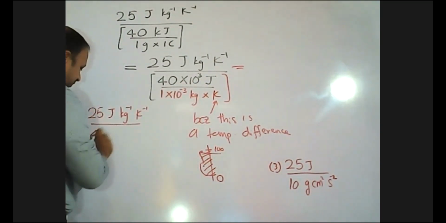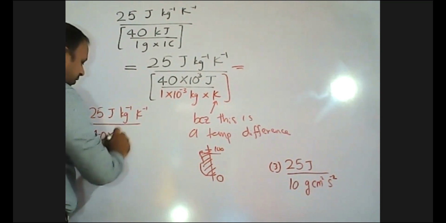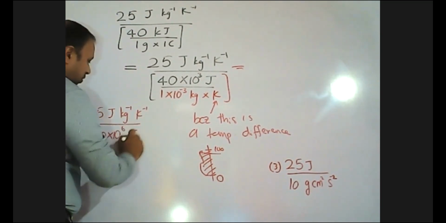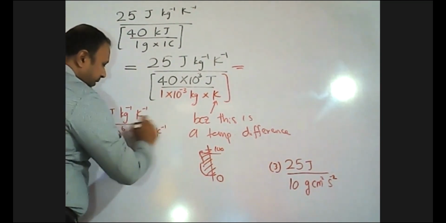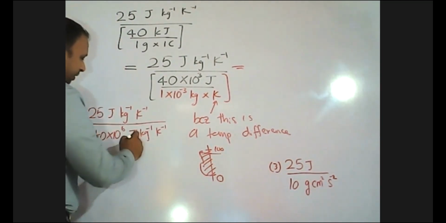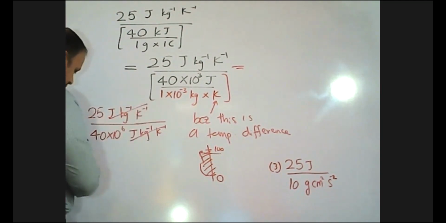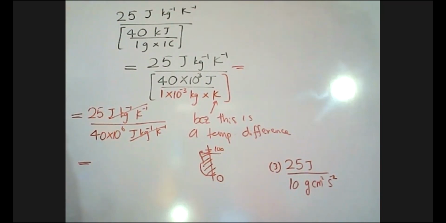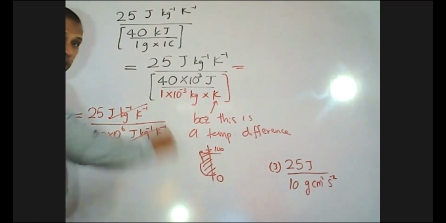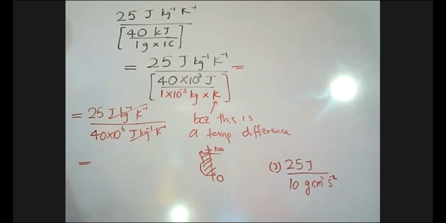So it becomes 40 into 10 to the power 6 joule per kilogram per Kelvin. So joule per kilogram per Kelvin will be cancelled out. So my answer would be 25 over 40 into 10 to the power 6.